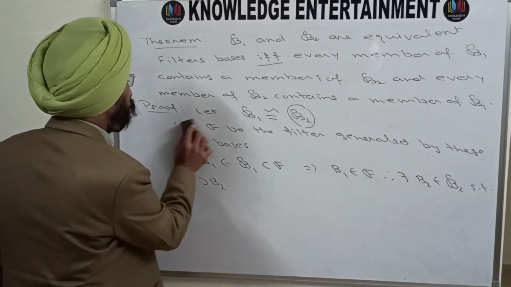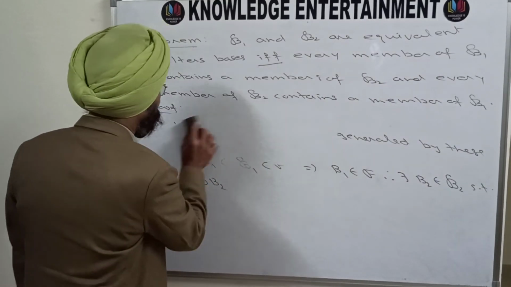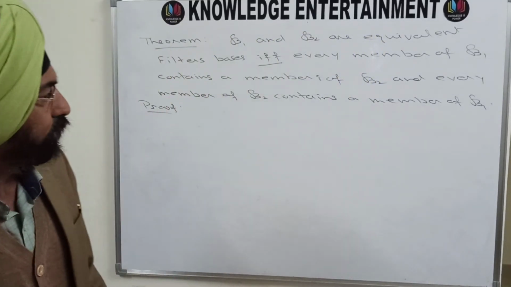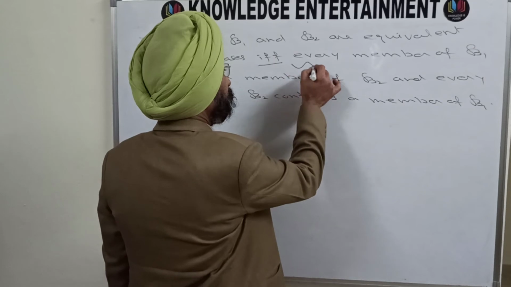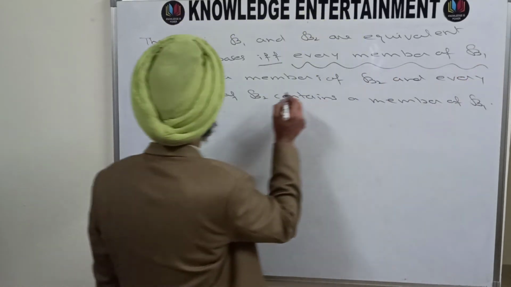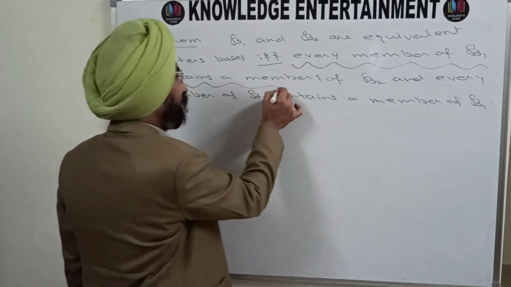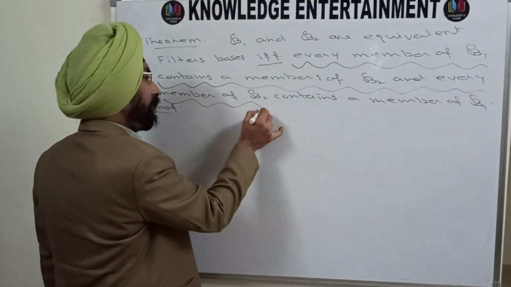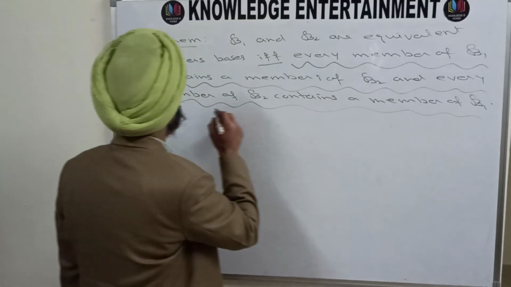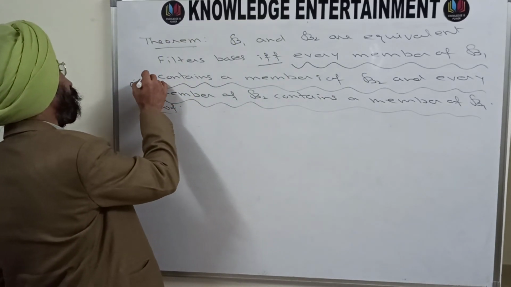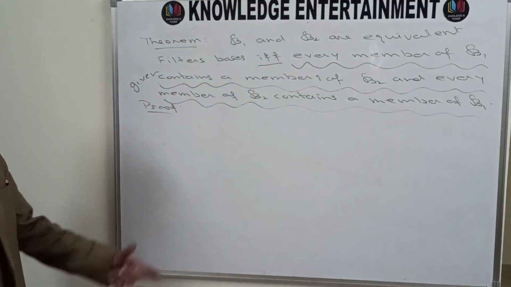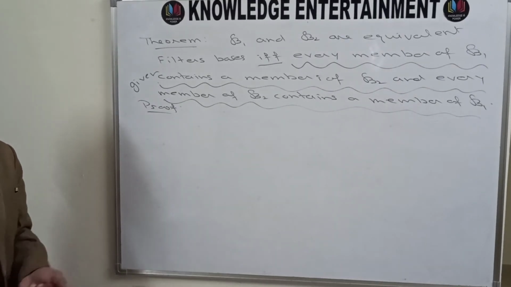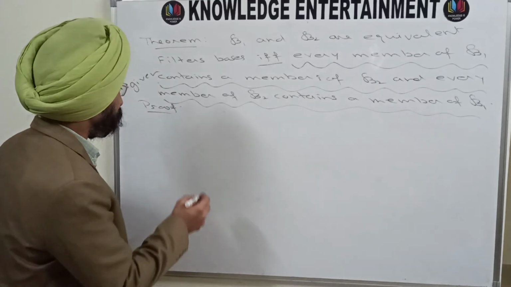And now we will move on to the converse part of this theorem. Conversely, suppose that every member of B1 contains a member of B2 and every member of B2 contains a member of B1. This is given, and what we have to show is that B1 and B2 are equivalent bases, that means they generate the same filter.